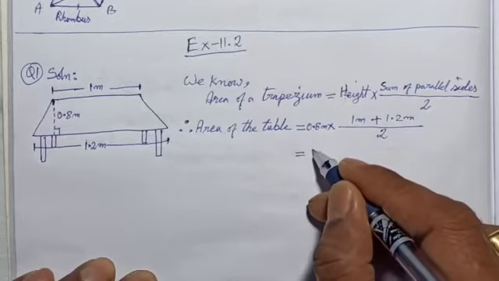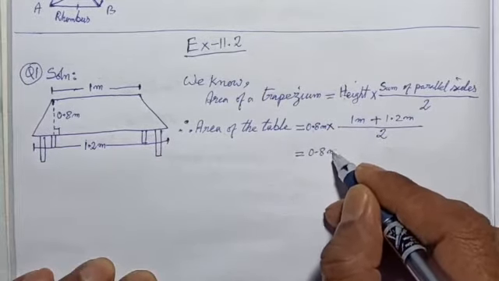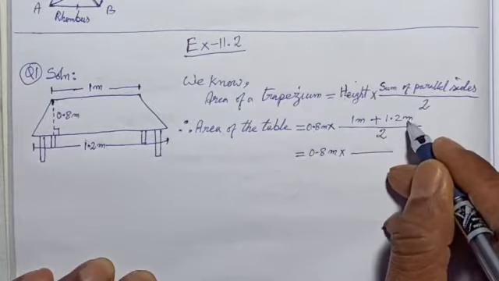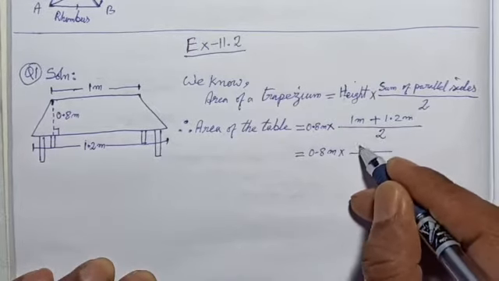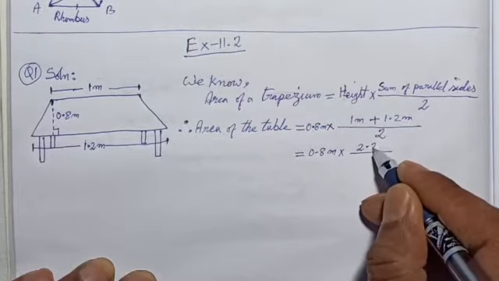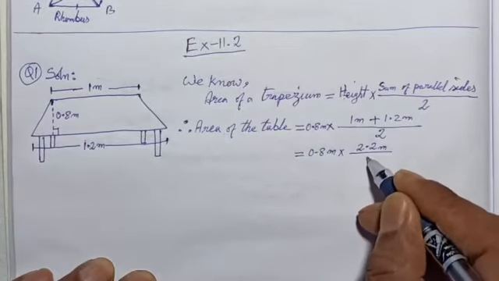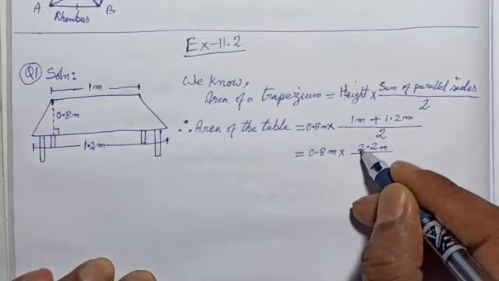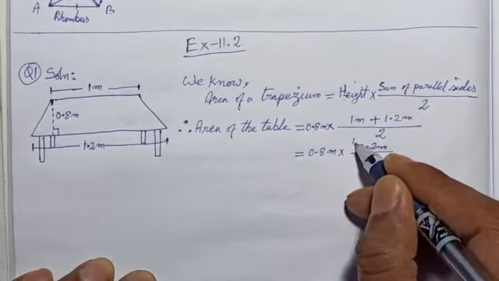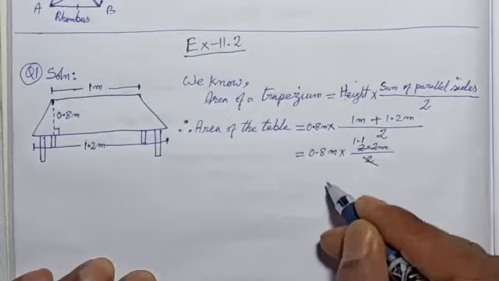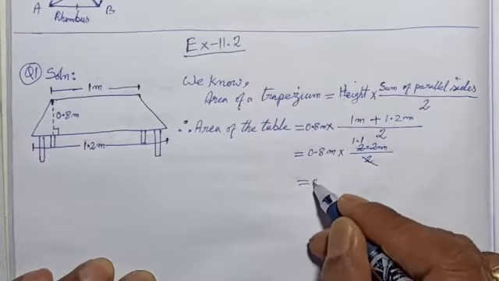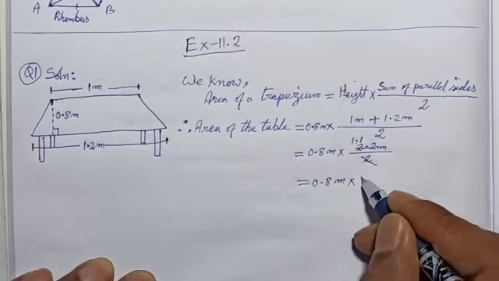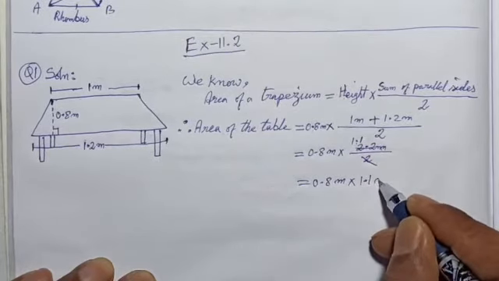Then next step is 0.8 meter into, let's add together 1 meter plus 1.2 meter. 1 plus 1 is 2, so we will get 2.2 meter divided by 2. If we divide 2.2 by 2, we get 1.1. So 0.8 meter into 1.1 meter.